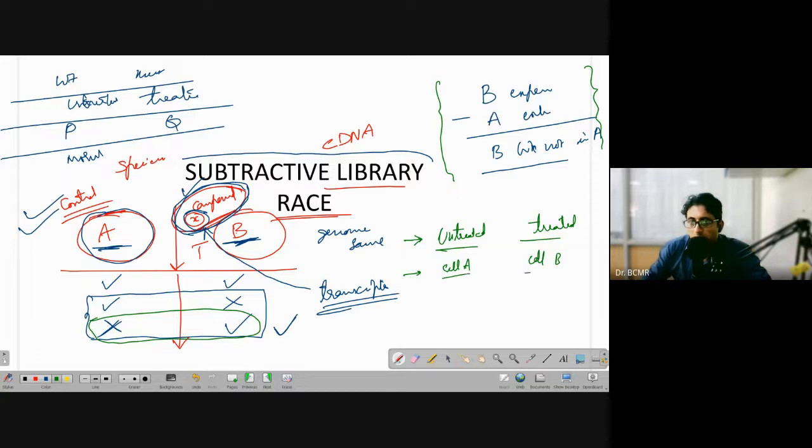These are from the same organism, from different lineages, and in that case, we can identify as well. So similarly, we can compare the transcriptomes of any two cells. It's not about comparison. It's about cloning, being able to clone the differentially expressed genes. You can say it like that. Okay, that is what it means.